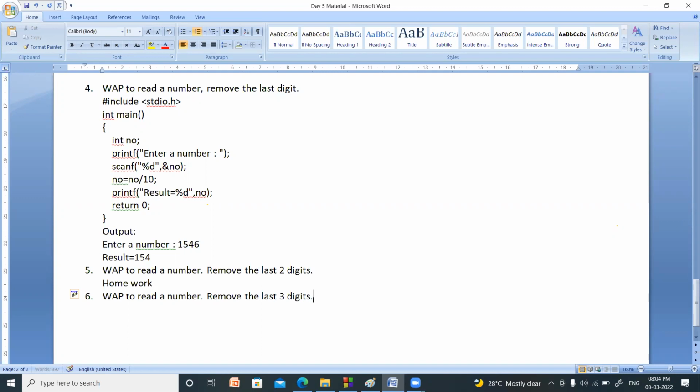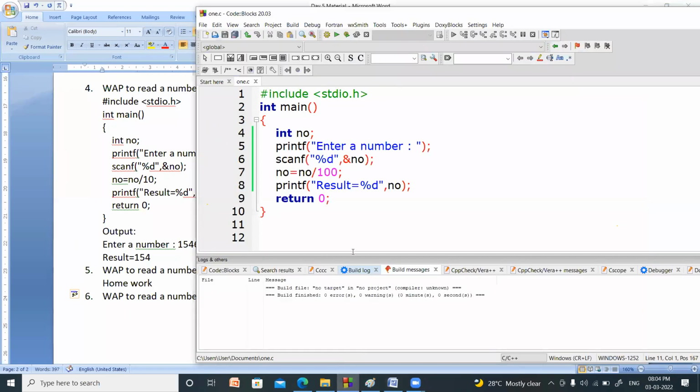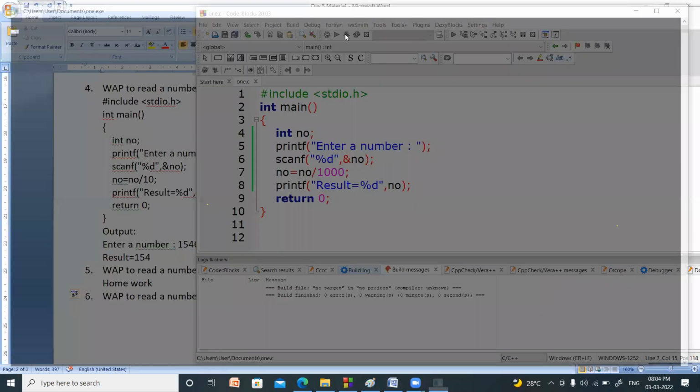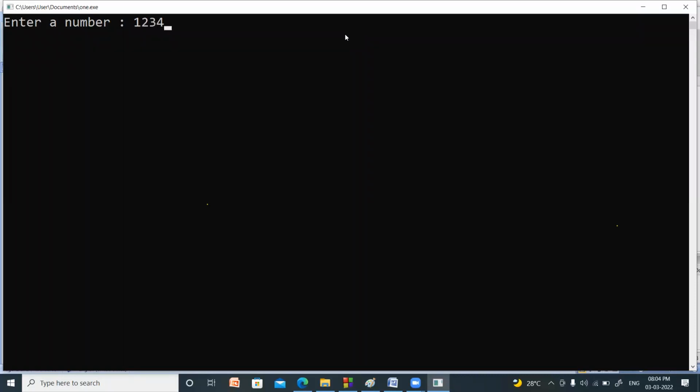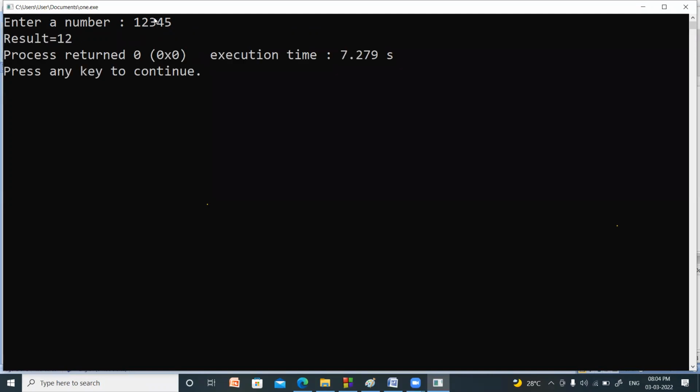Then which modification do I have to make here? Divide by 1000, am I right? Now you can remove the last 3 digits. For 1, 2, 3, 4, 5, after removing the last 3 digits, your number should be 12. See this, I successfully removed the last 3 digits.